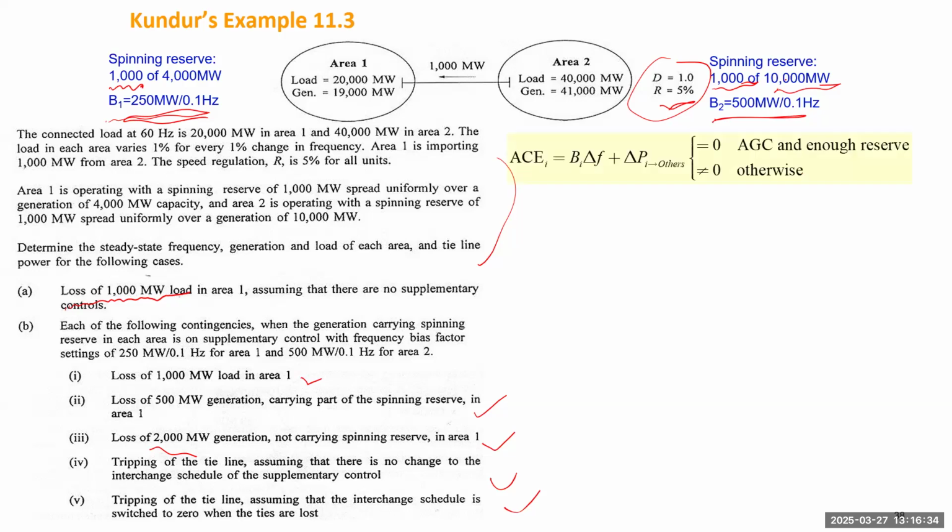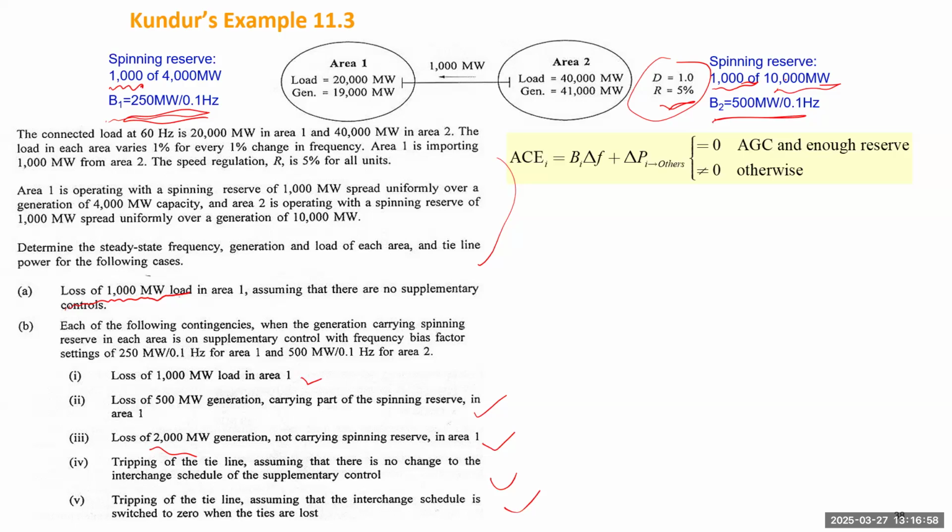All right. So in this space, I just list all the formulas we need. We already learned them. The first one is ACE, defined to be this combination of frequency deviation and the tie line flow change. Here I use delta P_i to the other because the other is basically just another area.